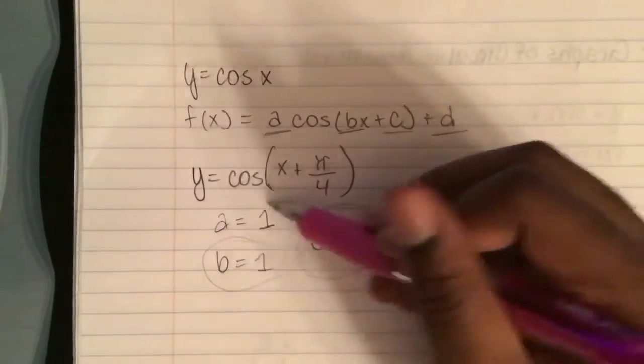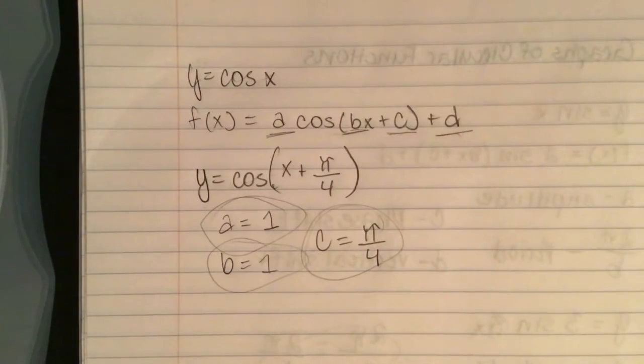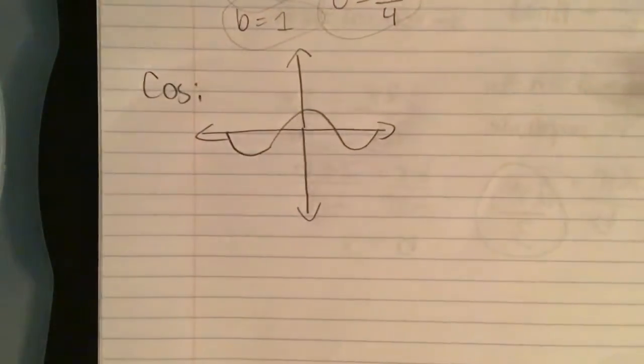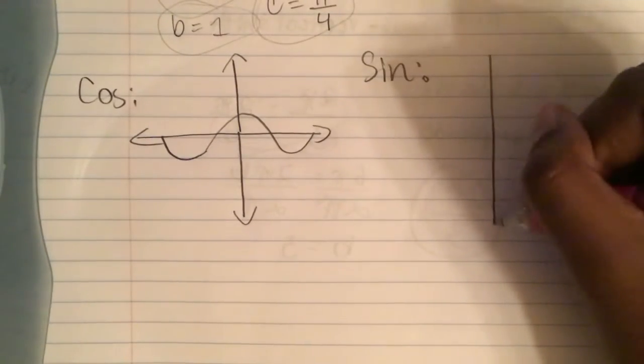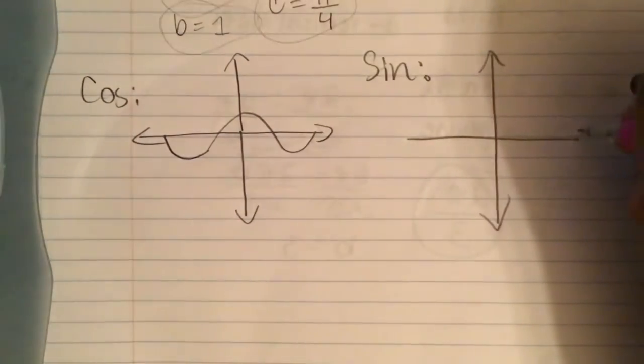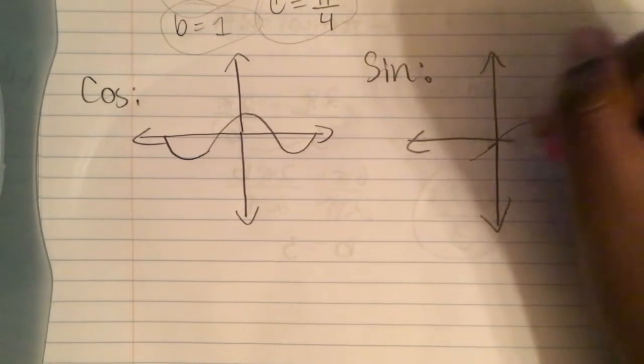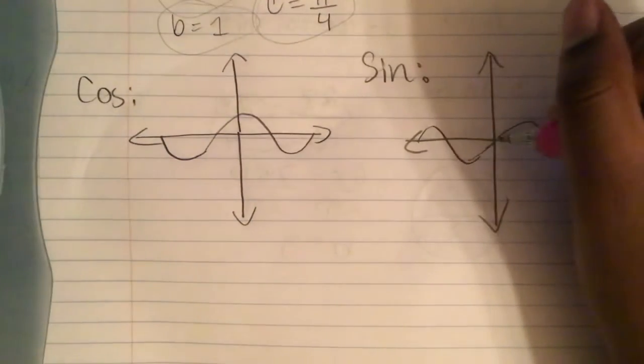So we're just identifying different functions. We know that a cosine graph typically is going to look like this, while a sine graph will typically look like this, like so.